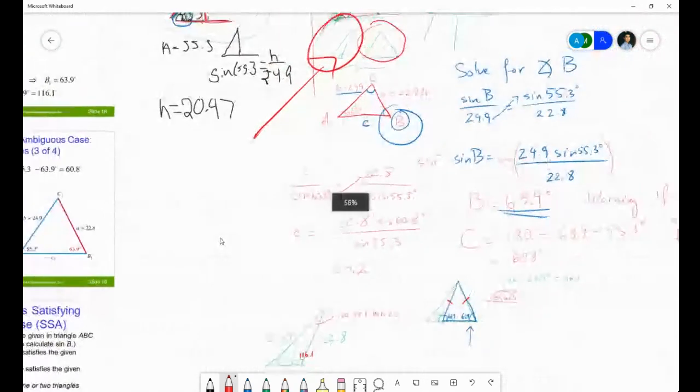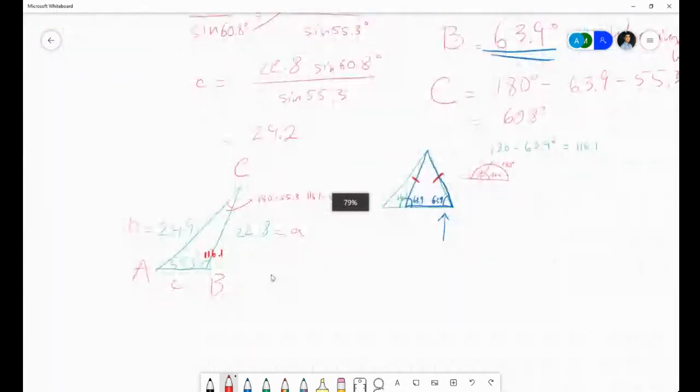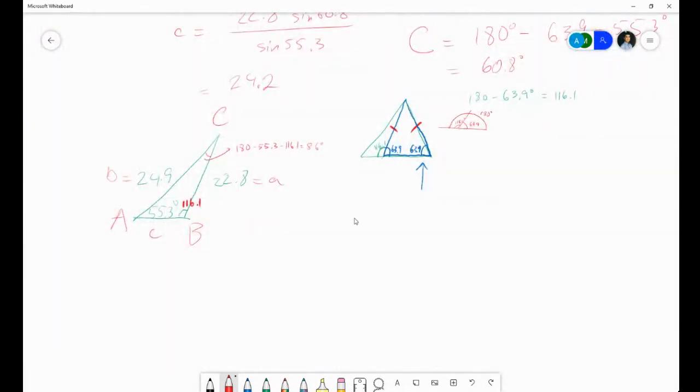All right, so let's label some of the sides here. So the angle here is A, and this one here is B. This is C. So now the last thing I need to do is find C for this triangle. And we're going to do the same thing as we did before.